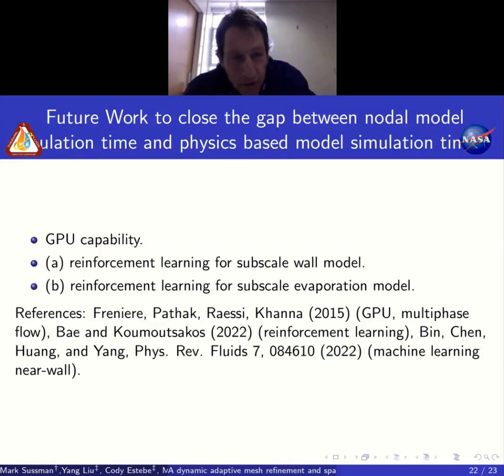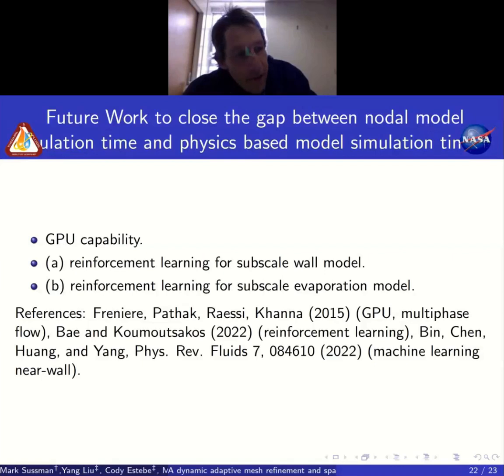Other approaches that we are thinking about: the libraries that we use for adaptive mesh refinement, which are called AMReX, have GPU capability. So that's one option. Another option is that there's been recent work on machine learning for subscale models.